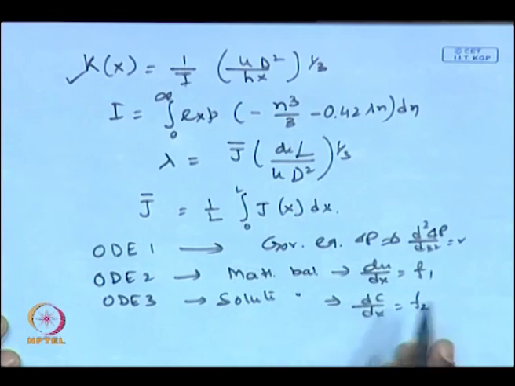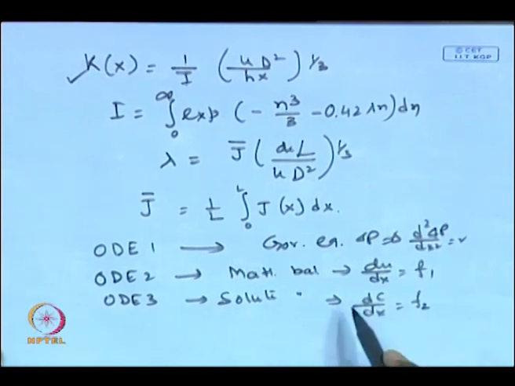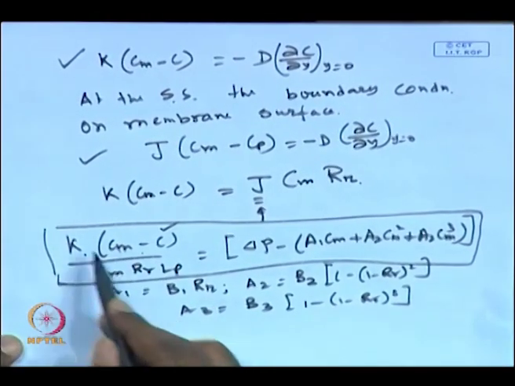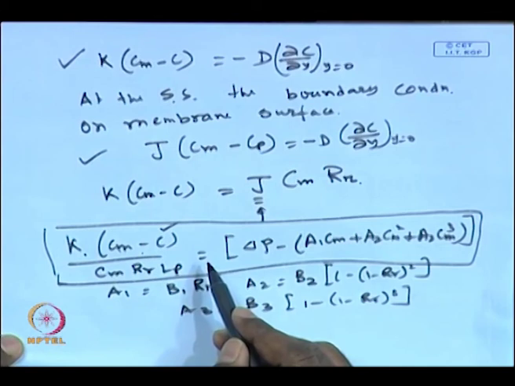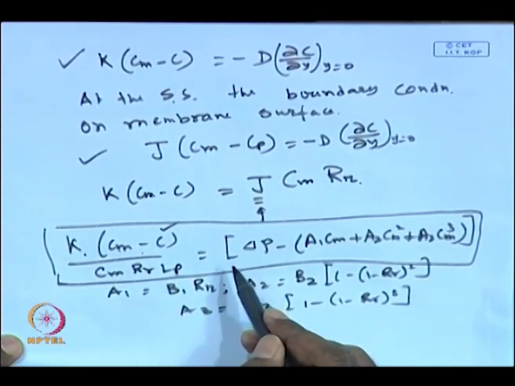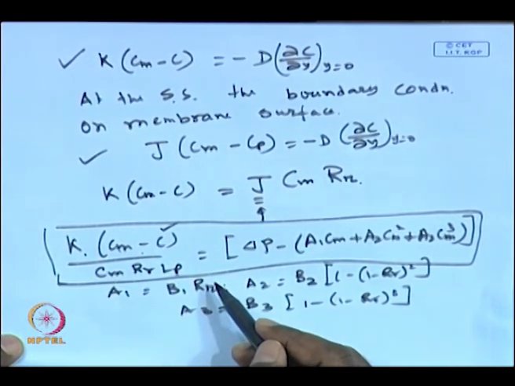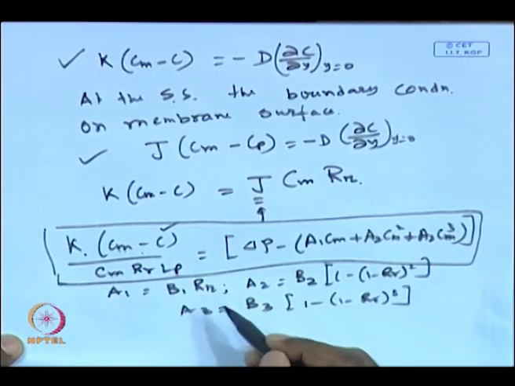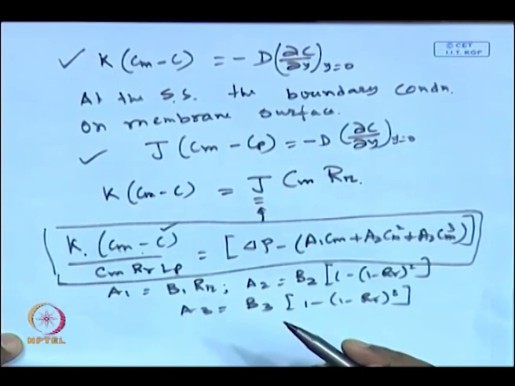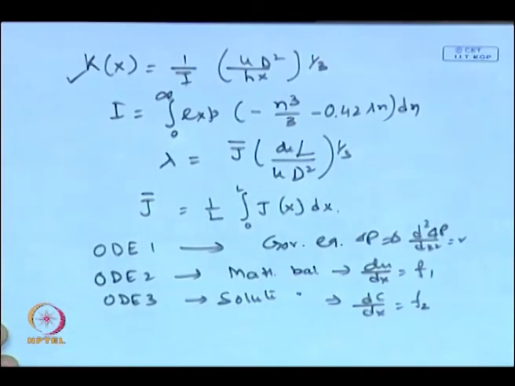Now these three ODEs are basically initial value problems. You know the initial condition for all of them. So these three ODEs have to be solved by using the RK4 method, and at every step of RK4 you have to solve this algebraic equation to update the value of Cm or C. Okay. That way you will be generating after integration. So basically it is a system of DAE, differential algebraic equations.